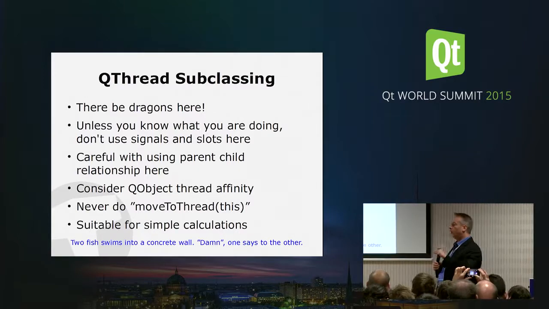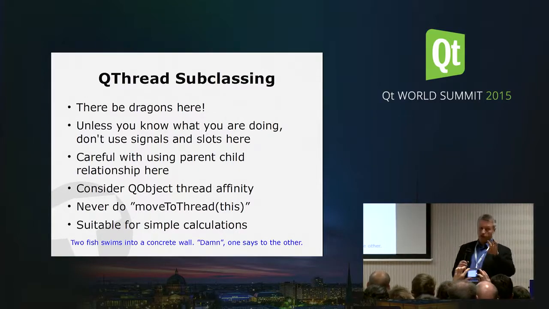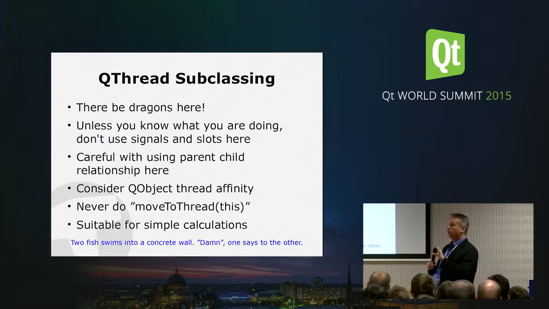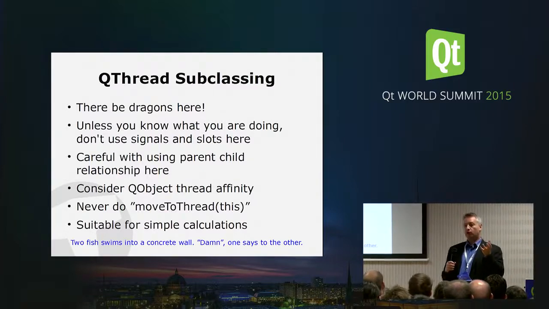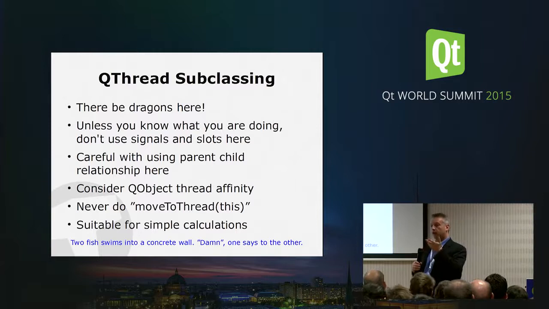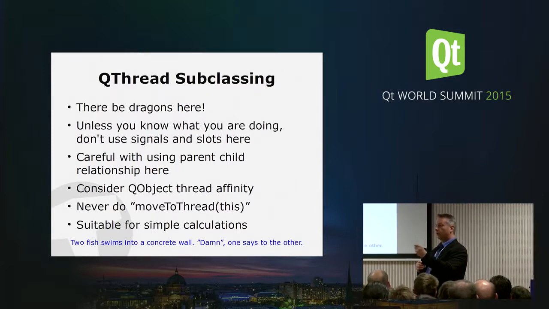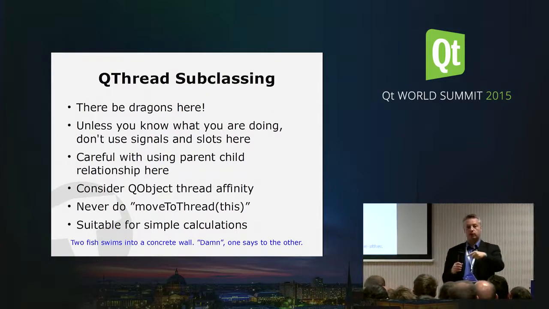Because, unless you really start going into the why of how it's done the way it is, you're not going to know exactly which thread is going to emit my signal. You're not going to know exactly which thread a slot is called in when you connect some slot on the object for it.